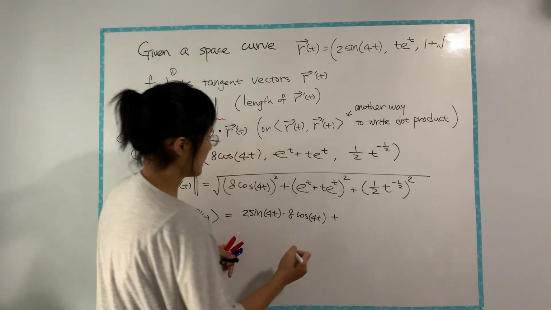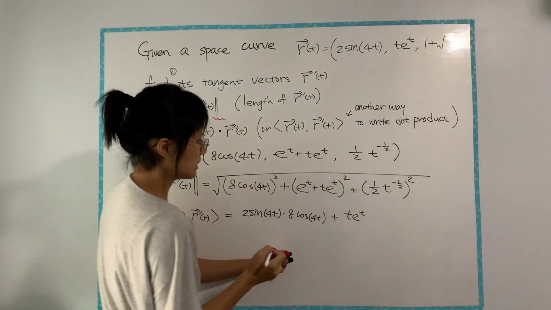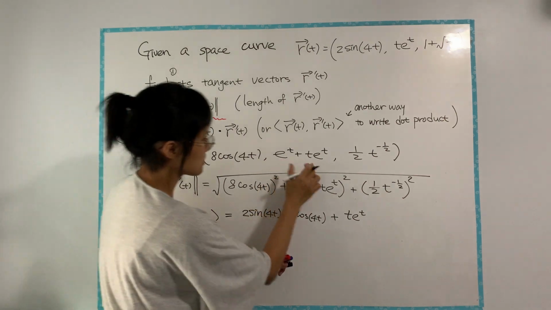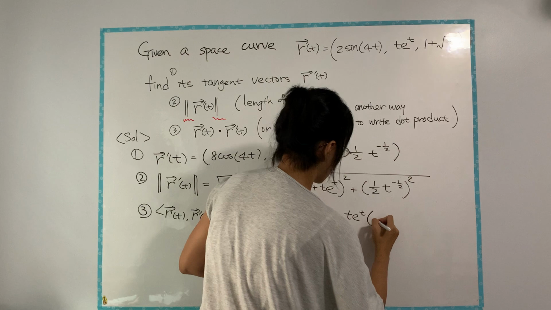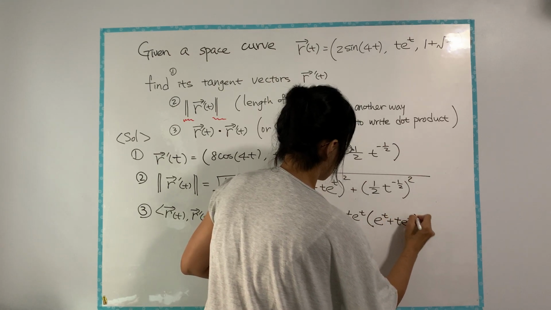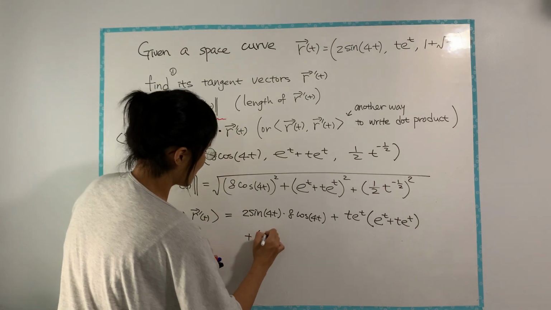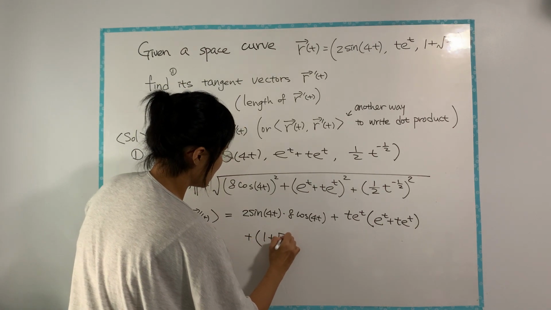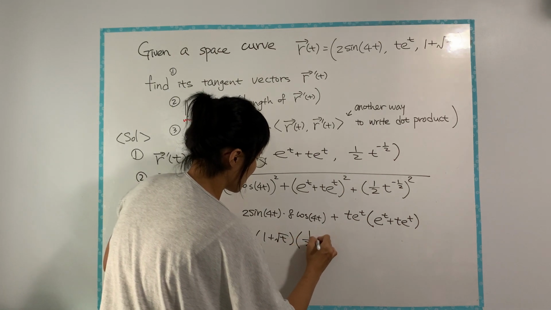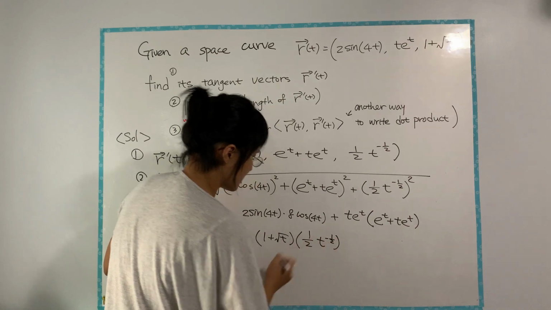The second one, I have t times e to the t times e to the t plus t times e to the t. I'm not done yet, plus 1 plus root t times a half times t to the minus half, okay?